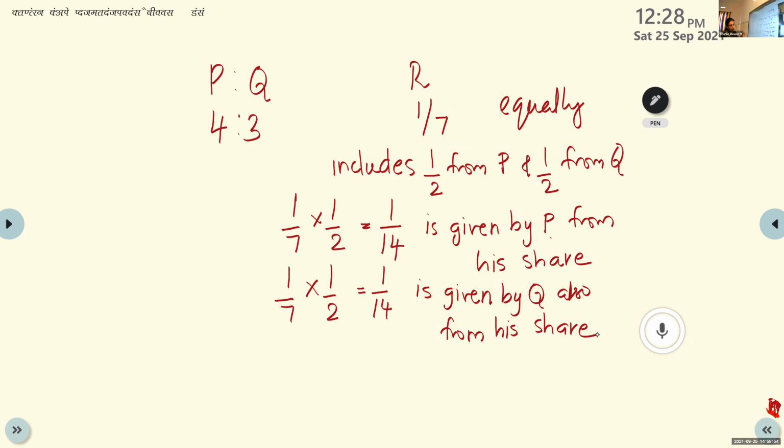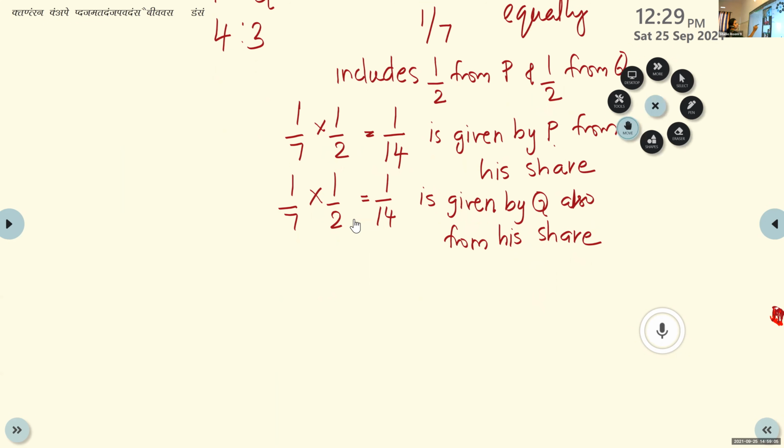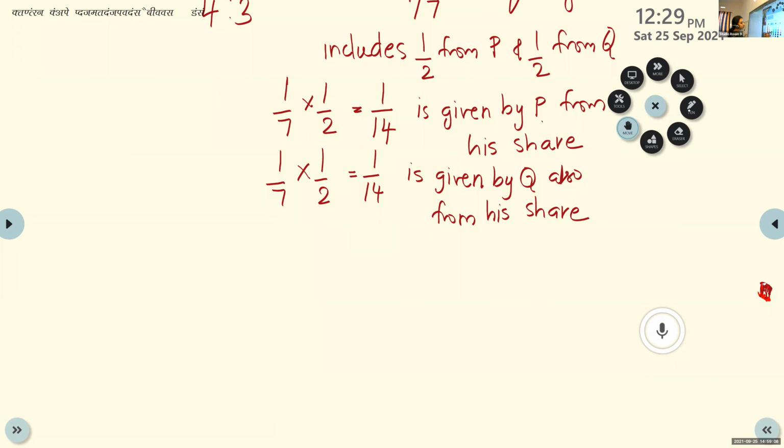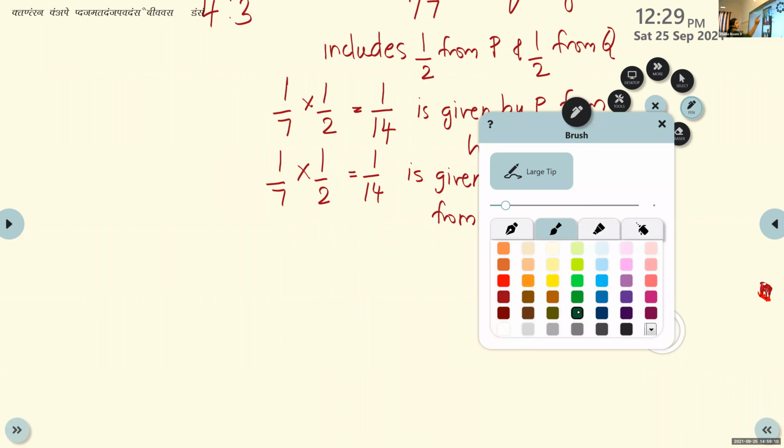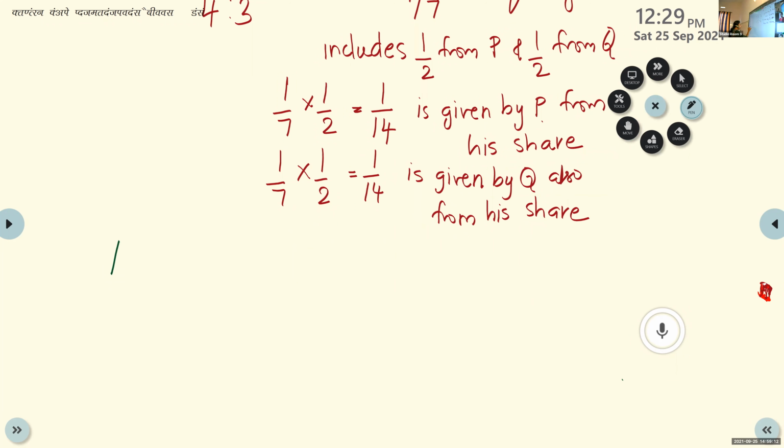Okay. So, what is the new share of P and Q? New share of P is equal to old share minus sacrifice.